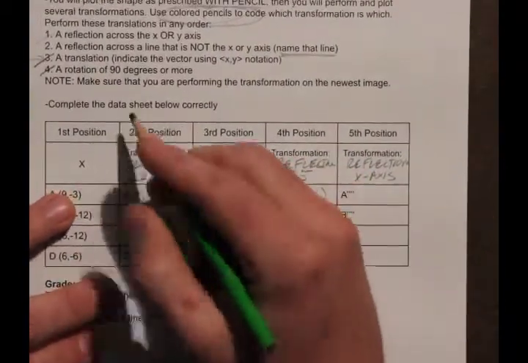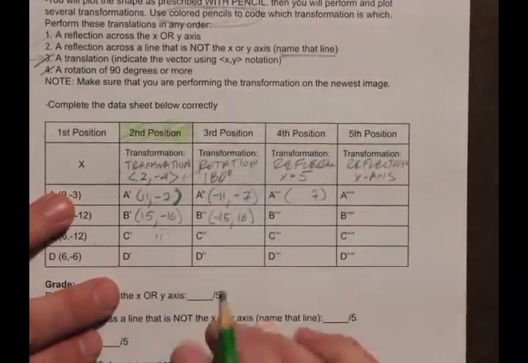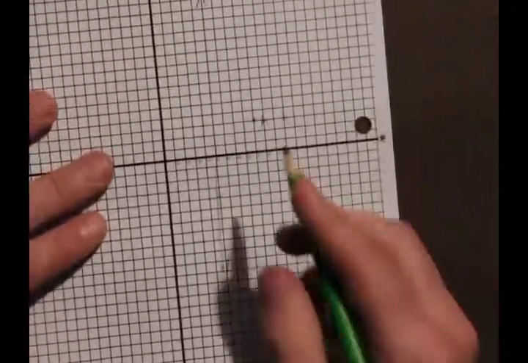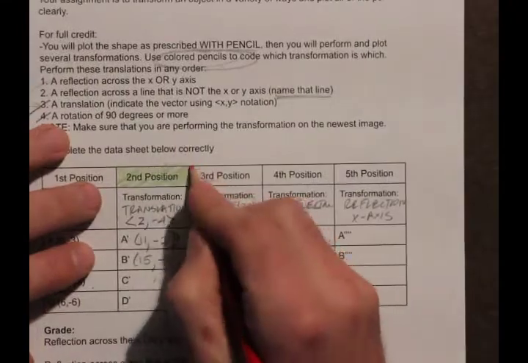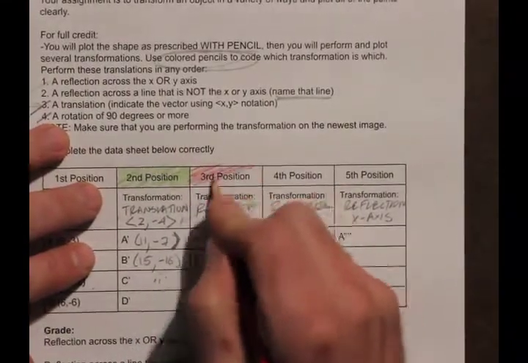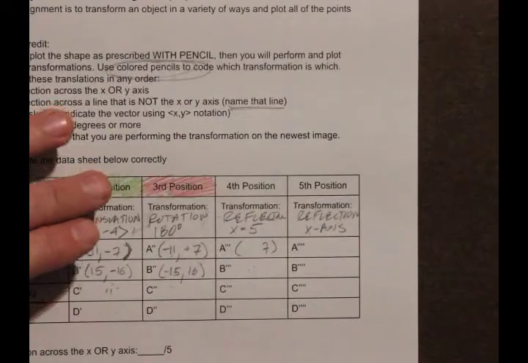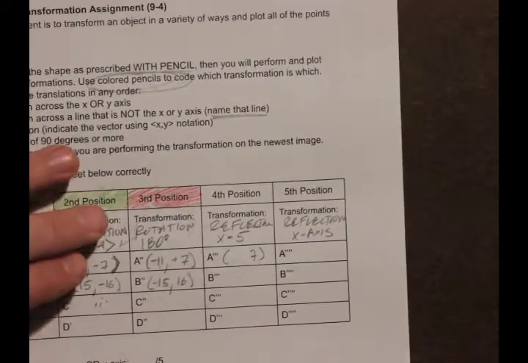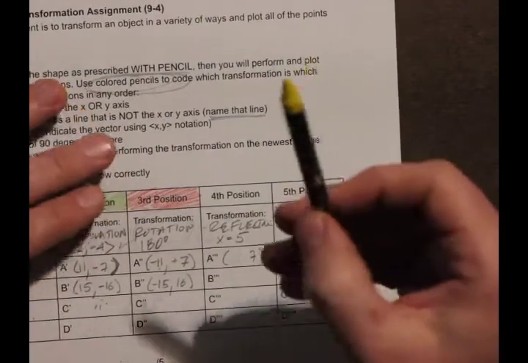So I'm going to say second position is going to be green. So I find my shape that's in second position and I color that green, whatever that is, right? And then my third position is going to be red. And so I find wherever I put my third position one, and that one's going to be red. And then my next one is going to be purple. Oh no, I ran out of colored pencils, but I do have crayons.